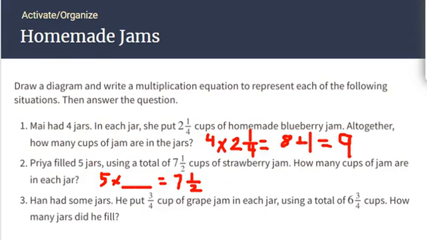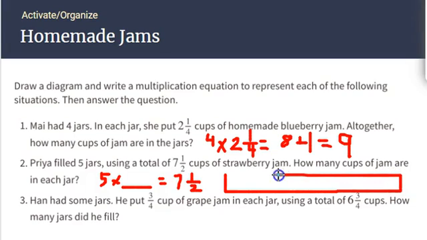Well, if we take and make 5 jars, and if we make those 5 jars, we take 1 whole cup out of that 7 1/2, it leaves us with 2 1/2, right?